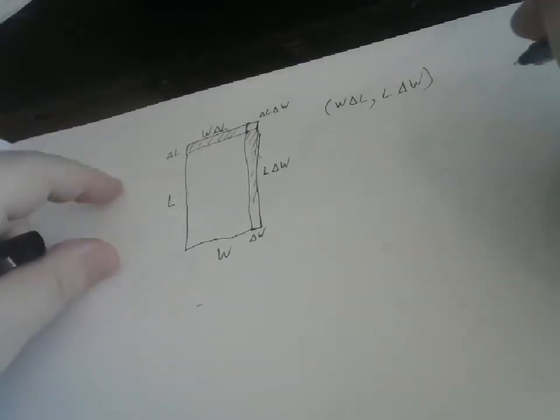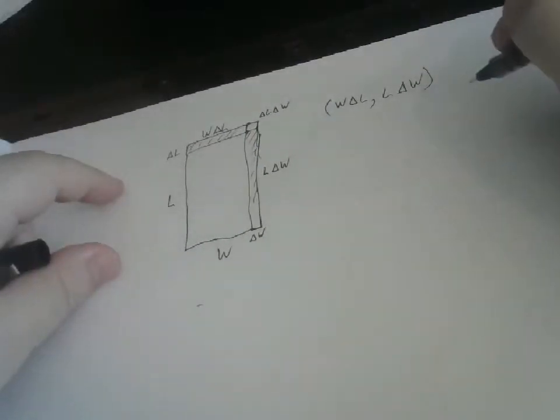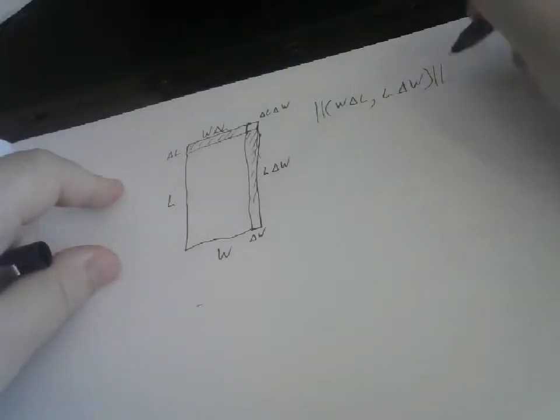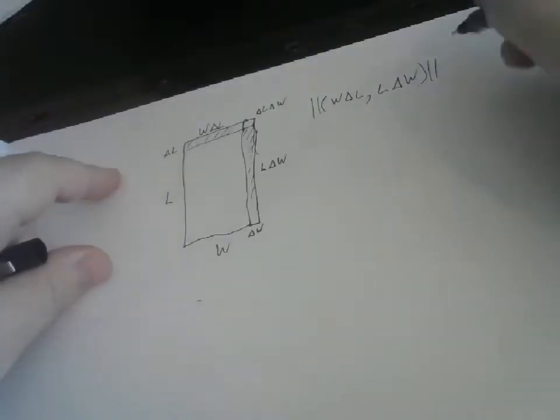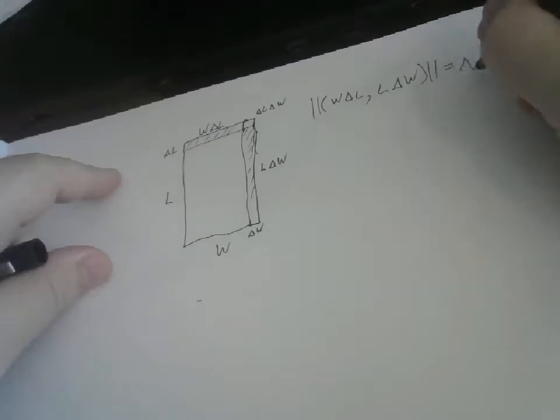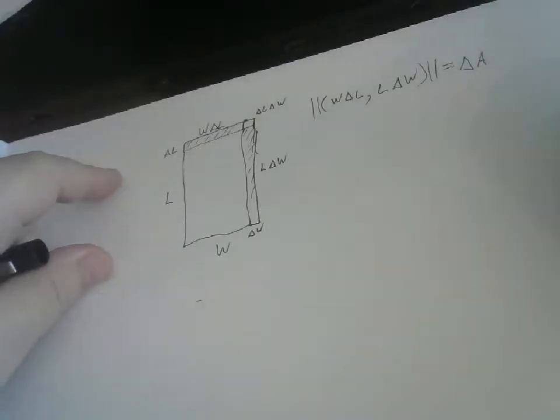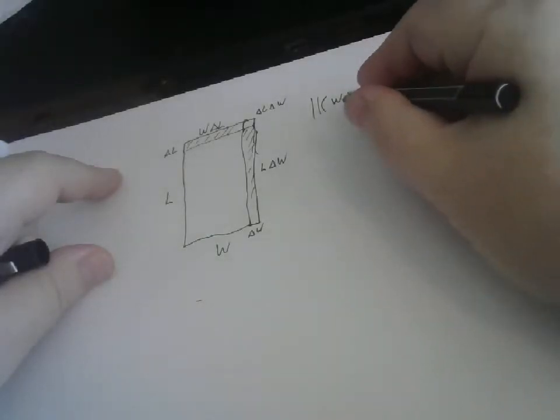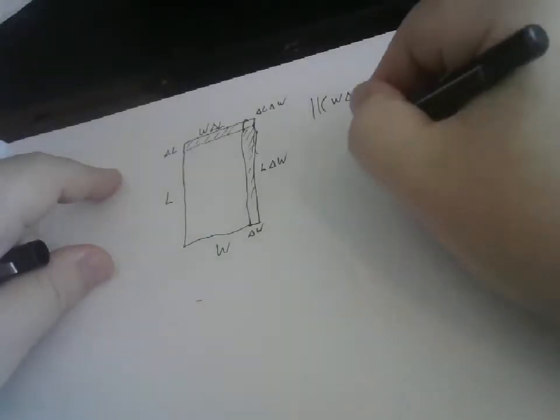You remember that we find the magnitude of a vector by taking the square root of this quantity squared plus this quantity squared.